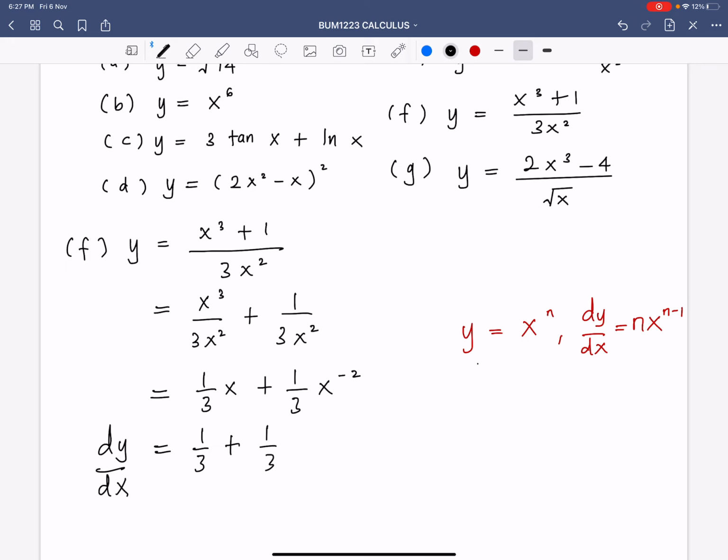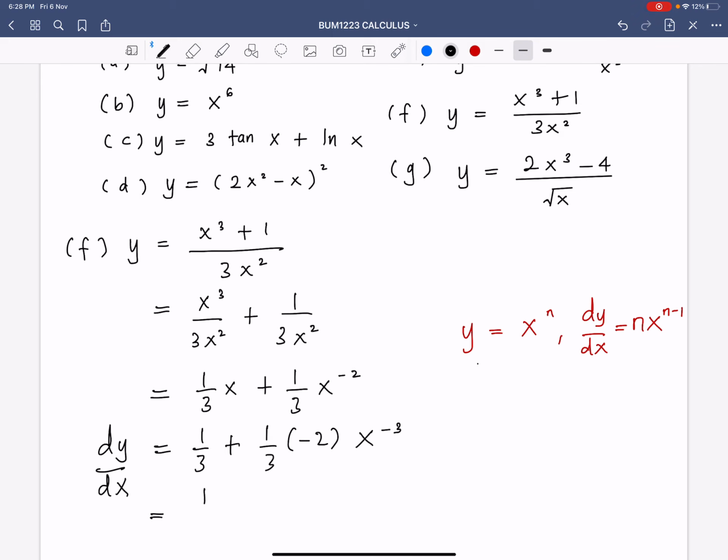Plus 1 over 3 times x power of n, where n is equal to negative 2. So 1 over 3 times negative 2, and then x power of negative 2 minus 1 is negative 3.